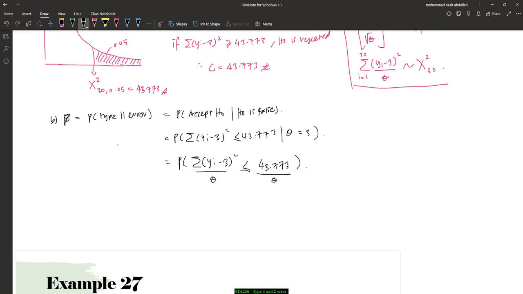So you will get the chi-squared with 30 degrees of freedom. The probability of chi-squared with 30 degrees of freedom less than 43.773 divided by 3, which is 14.5910. You can find it in a statistical table.